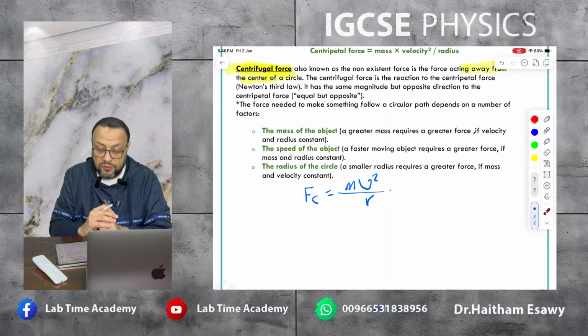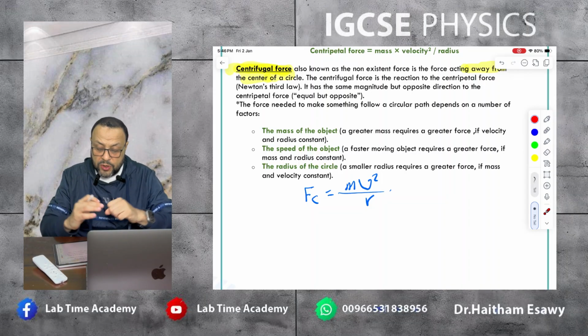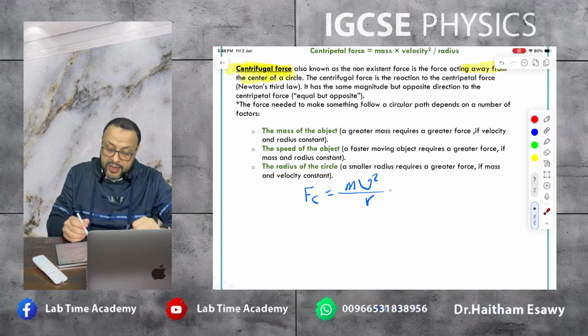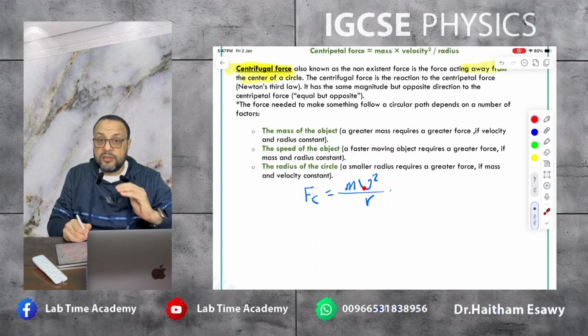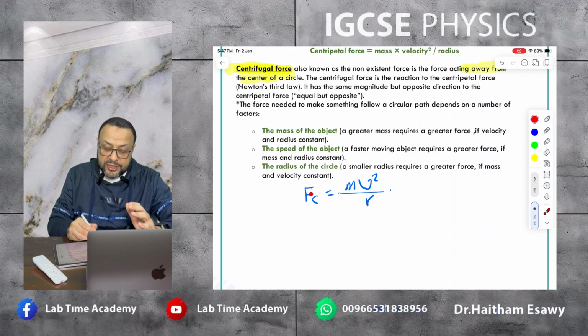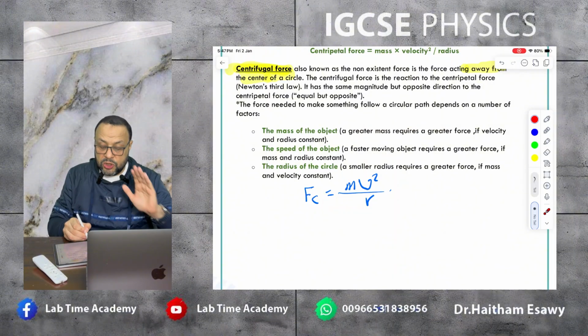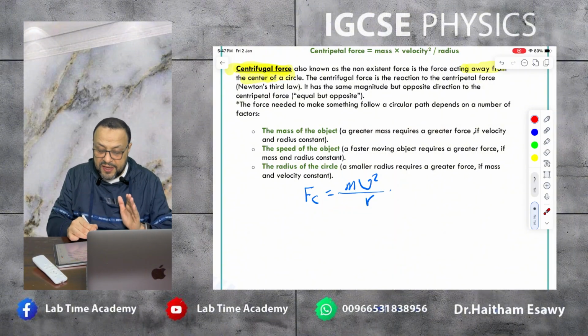Let me give you an example for that. If I asked you, what happens if we increase the velocity of the object to double? What will happen to the centripetal force? Mass and radius are kept constant. So the relation will be between V and Fc. Let me repeat it one more time.